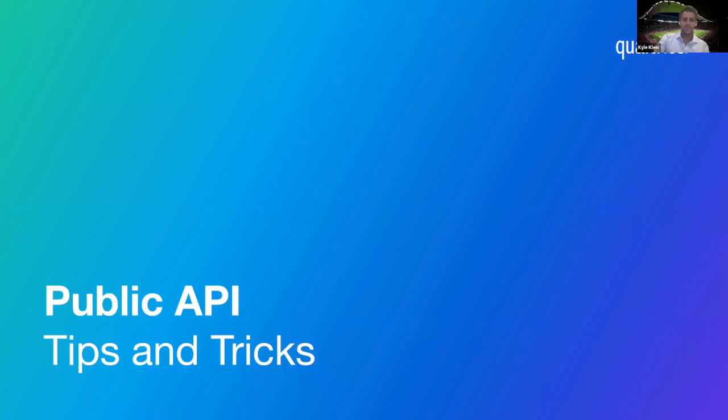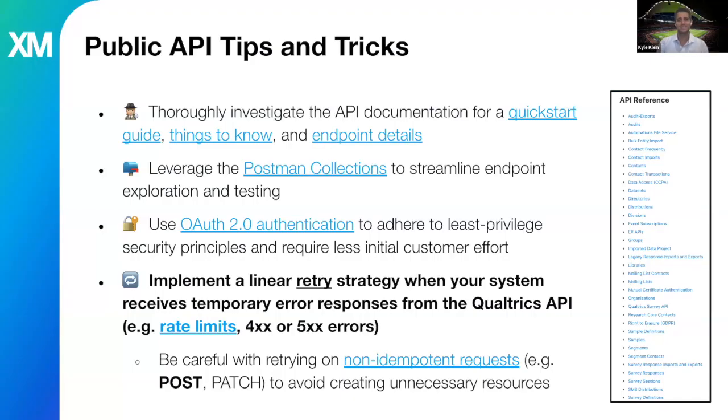All right, let's go talk about public API now. And so I think some of the exciting things to focus on here would be basically checking out the docs. There's quite a bit of content there.